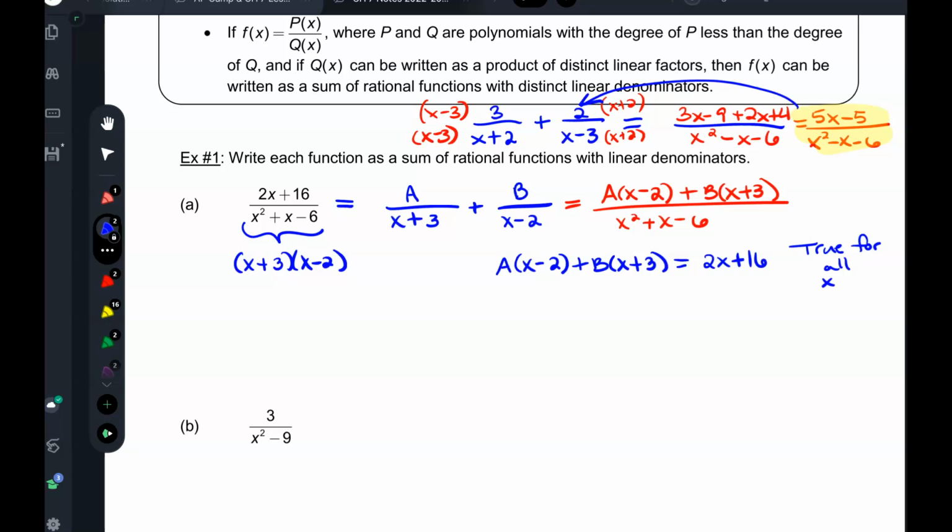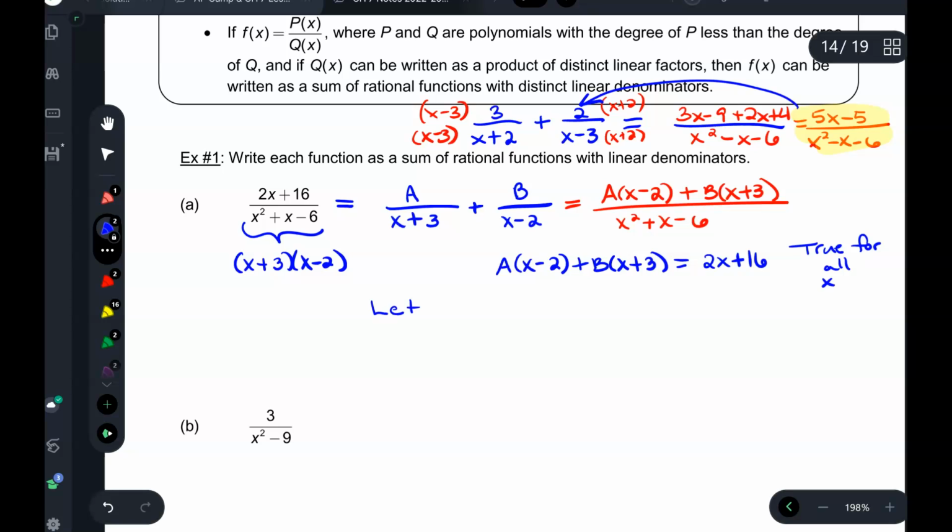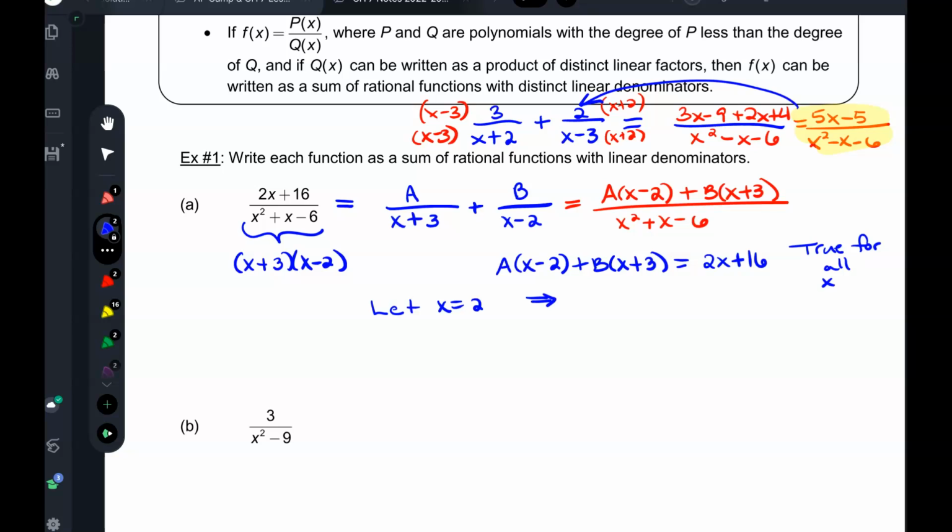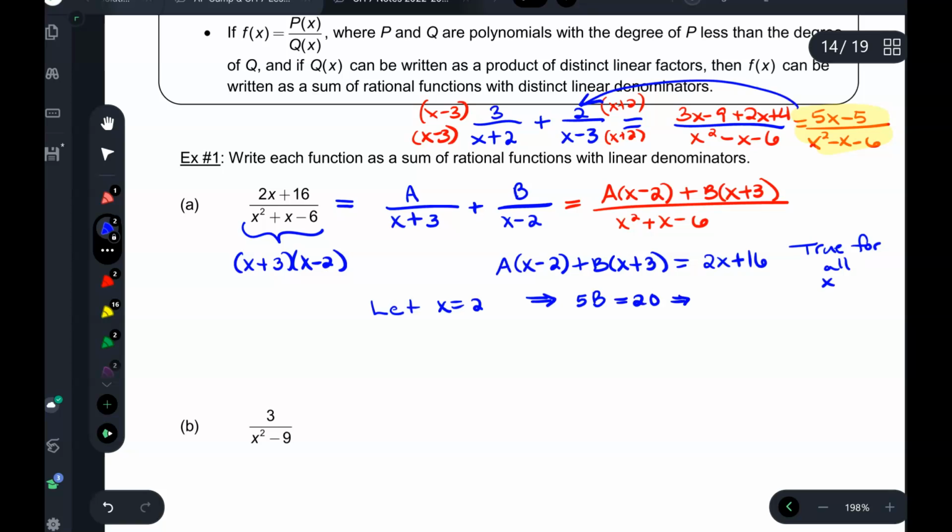So if it's true for all x, what happens when we let x equal 2? A cancels out. And what do we get? 5B equals 2x plus 16 over 20, which implies B equals 4.